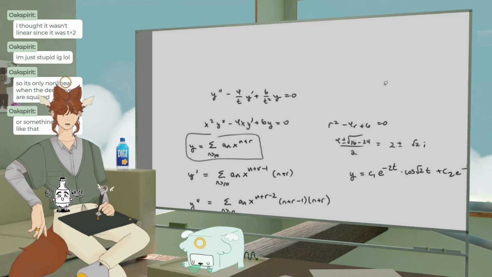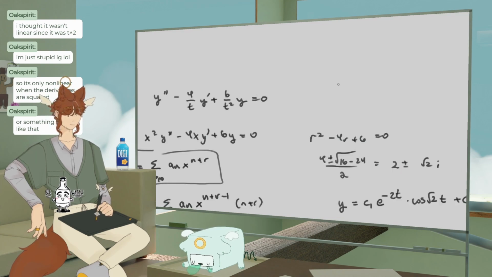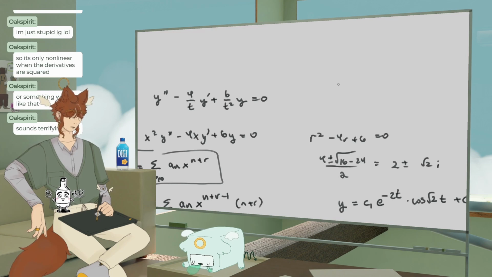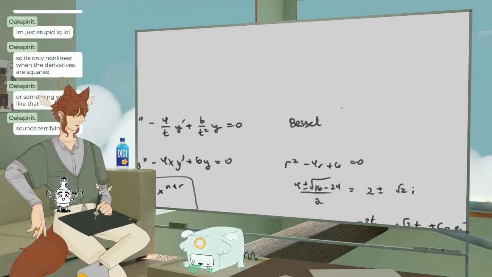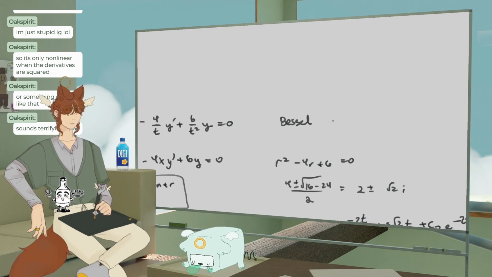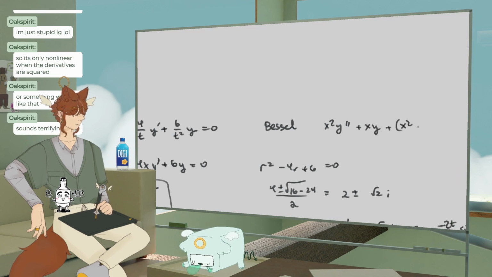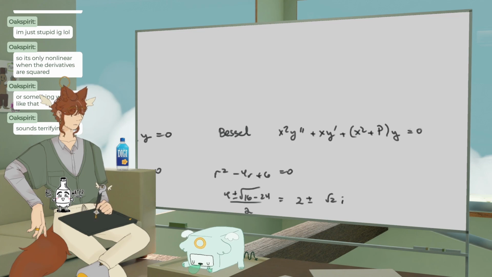The other thing is there are certain functions that are specific. If you haven't done power series, you're almost definitely not going to talk about it. But there's something called a Bessel function, which is another sort of linear differential equation: x squared y double prime plus x y prime plus x squared plus p squared times y equals 0.